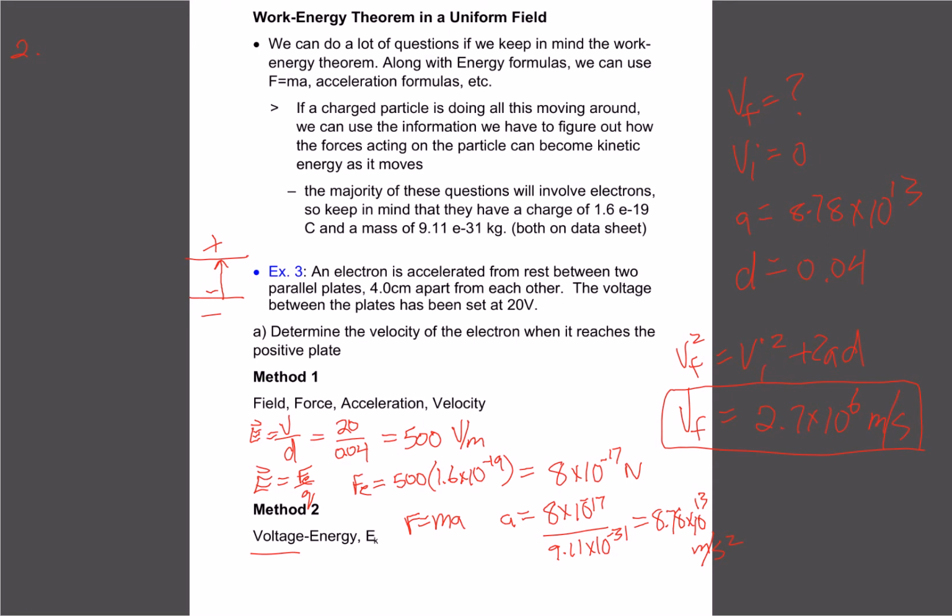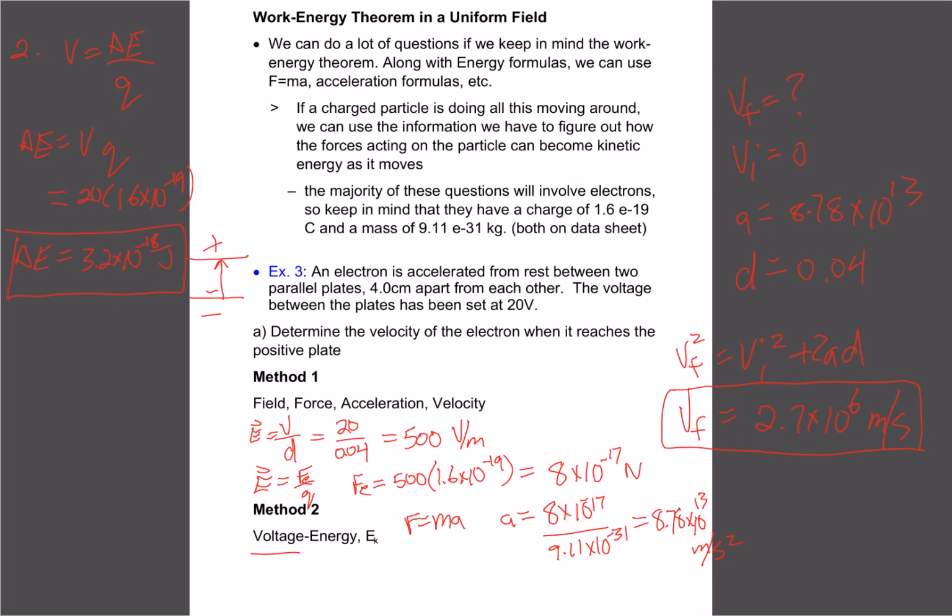So we're going to use our voltage formula, which was energy over Q. So that means our energy would be voltage times Q. So our voltage was 20, charge of electron 1.6 to the negative 19, and therefore we get an energy of 3.2 to the negative 18 joules.